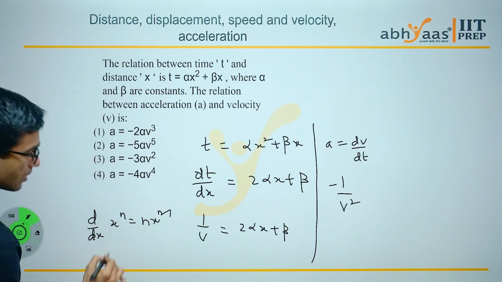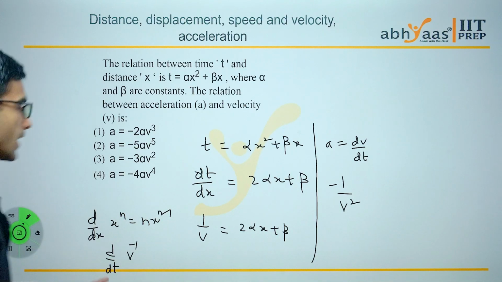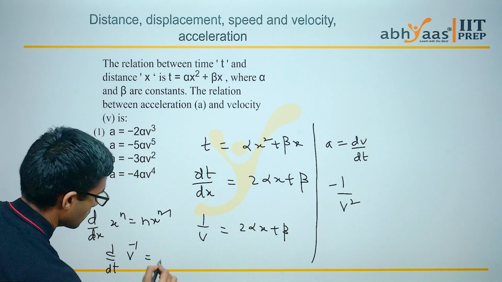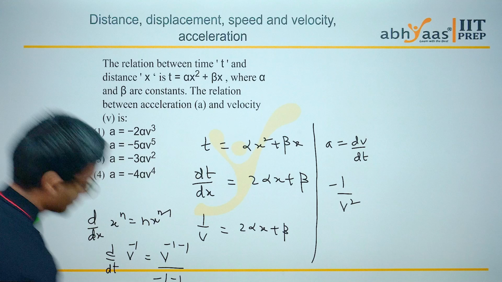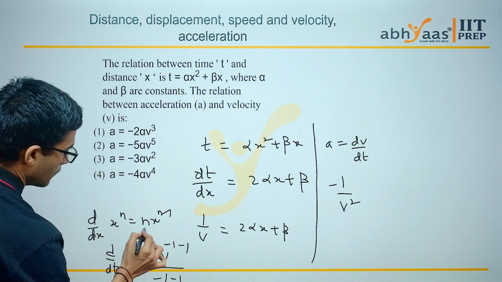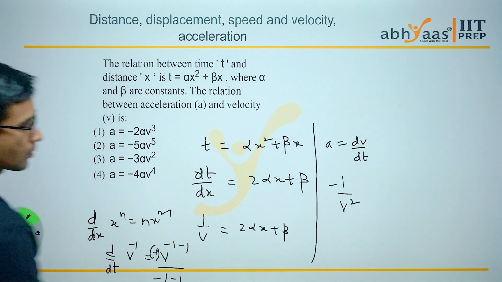Here d by dt of v power minus 1 is minus 1 into v power minus 1 minus 1, that is v power minus 2.